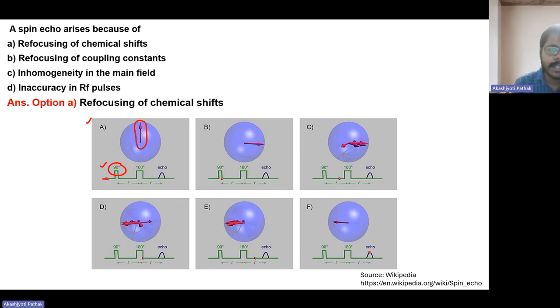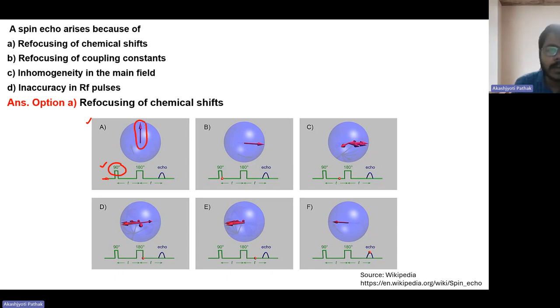If it is on the z axis, from plus z it will get flipped to plus x, or plus y, any direction that is perpendicular to the equilibrium bulk magnetization. That is known as a 90-degree pulse.